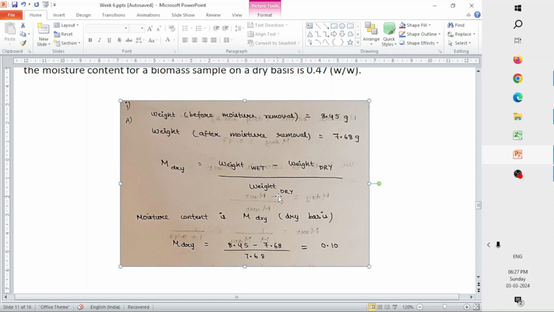If it is on wet basis, the percentage of moisture is based on the wet condition, so M wet becomes weight of the biomass when wet minus weight when dry, divided by the weight of the biomass in the wet condition.